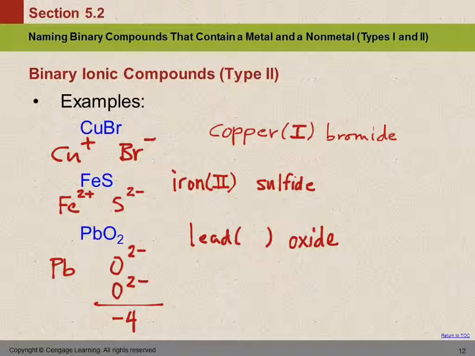If we've got -4, the total over here must be +4. There's only one over here, so it must be +4. So then it's lead(IV) oxide. Any questions?